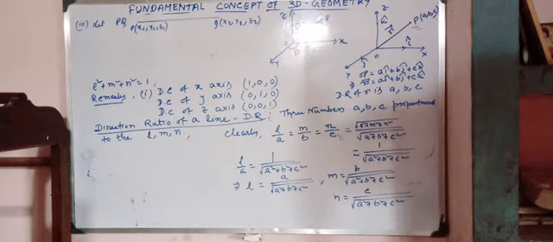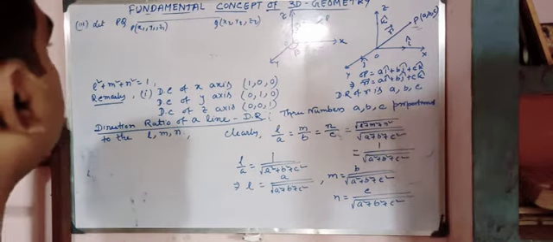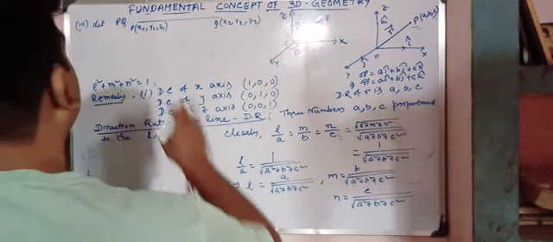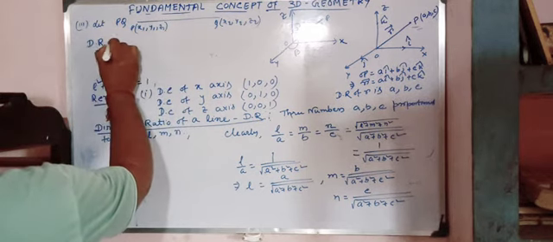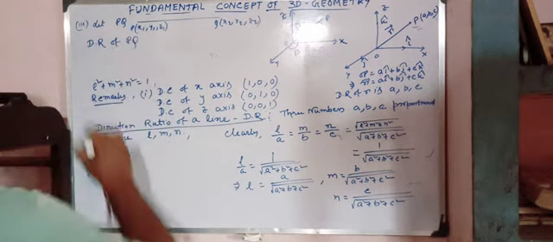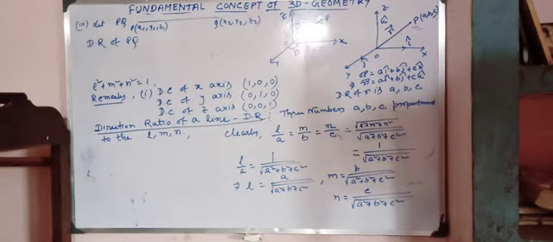Then what should the direction ratio of PQ be?